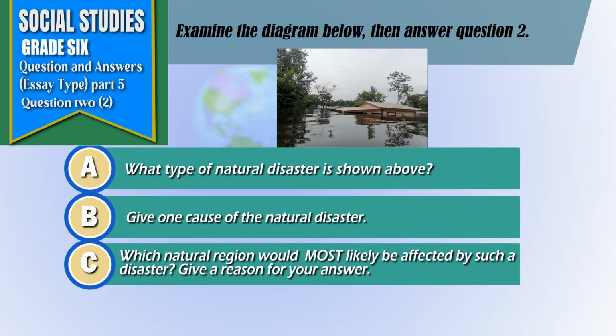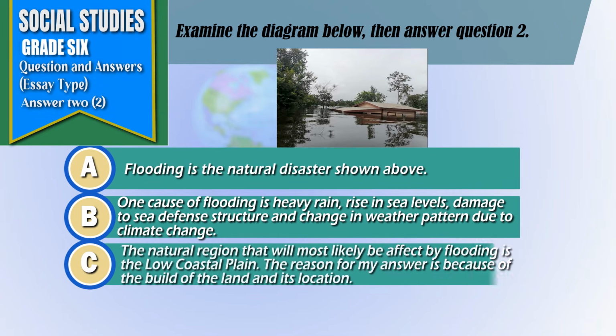The natural region that will most likely be affected by flooding is the low coastal plain. The reason for my answer, or as you would have written in a complete sentence, the reason for my answer is because of the build of the land and its location. But of course, boys and girls, you are familiar with other natural regions in Guyana where this type of natural disaster has occurred.